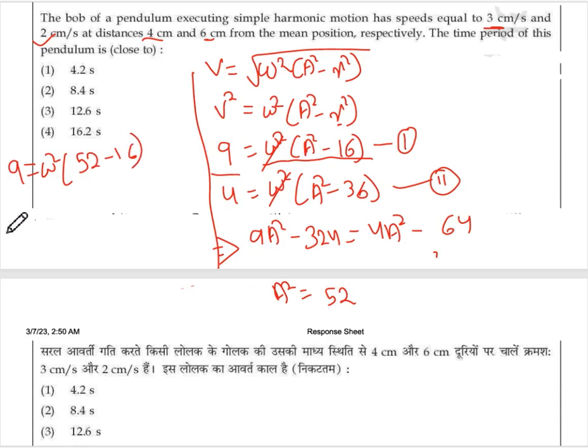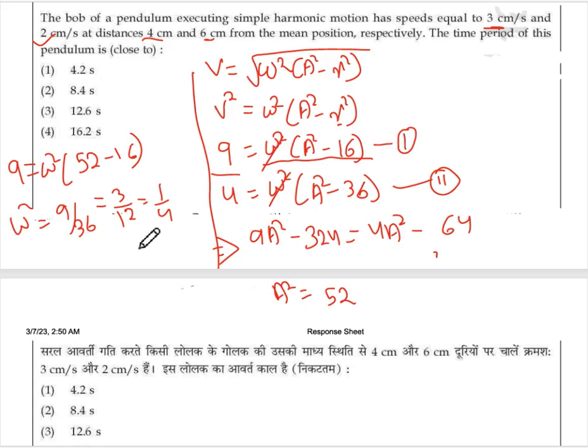So omega square will become 9 by 36, since 52 minus 16 is 36. If I cancel it, it will become 1 by 4, right?